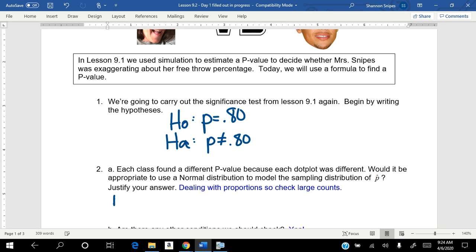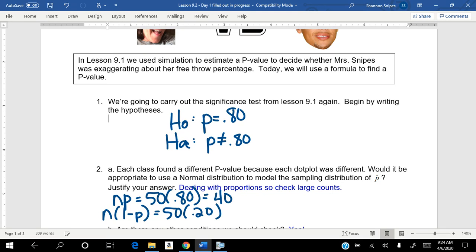So n times p, that is 50 free throws times 0.80, which is 40. And then n times 1 minus p, 50 times 0.20, which is 10. Both of these are greater than or equal to 10. So yes, we can use the normal distribution to model our sampling distribution.